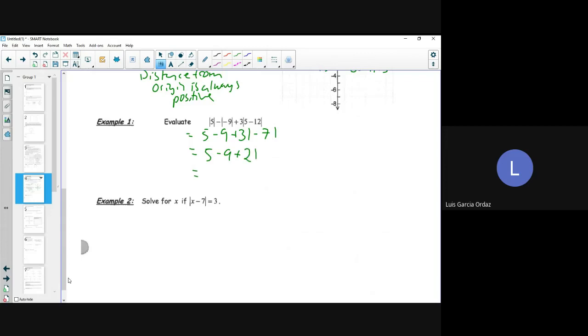So we get 5 minus 9 plus 21. So we get 26 minus 9, which gives us an answer of 17.